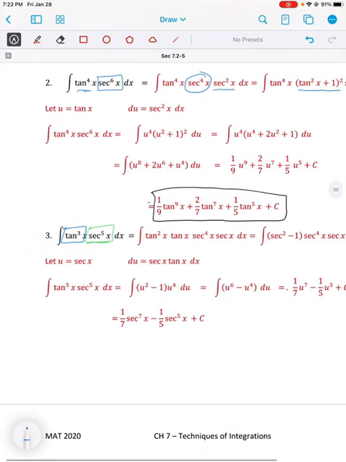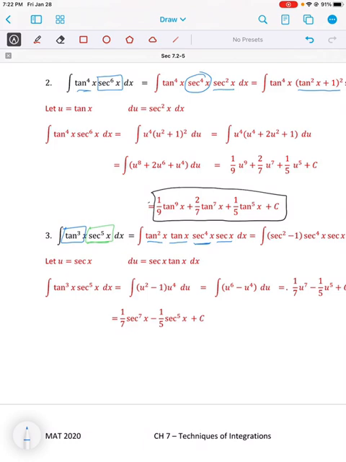So we will take out one tangent from whatever the power of tangent is. Because the power of tangent is odd, when you separate one tangent, the rest of the power on tangent will be even. And we will do the same thing with the secant. We separate one secant, and the rest of the secants will have an even power.